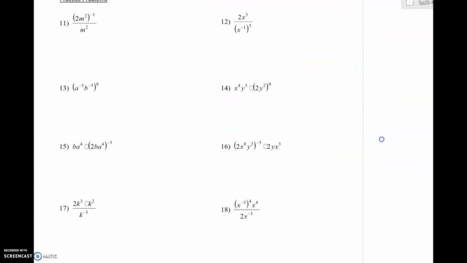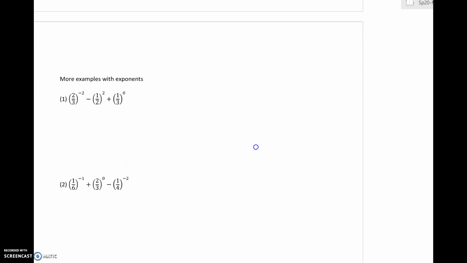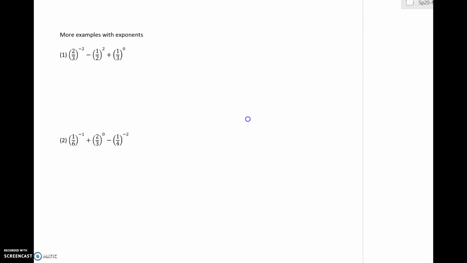Let's try some of the problems which are slightly different. More examples with exponents. 2 over 3 to the power negative 2, because whenever you have a negative exponent, you're going to flip the numerator and the denominator and make the exponent positive. Then negative 1 over 2 squared, which is 1 squared over 2 squared, which is equal to 4.